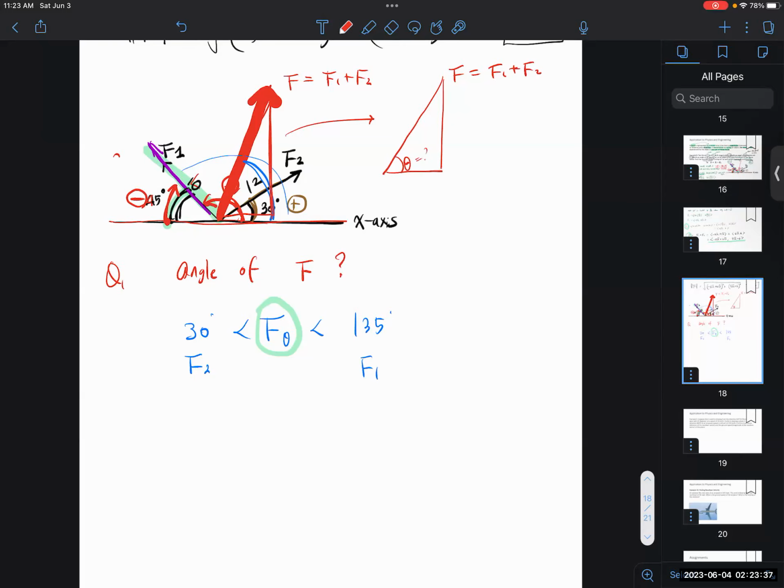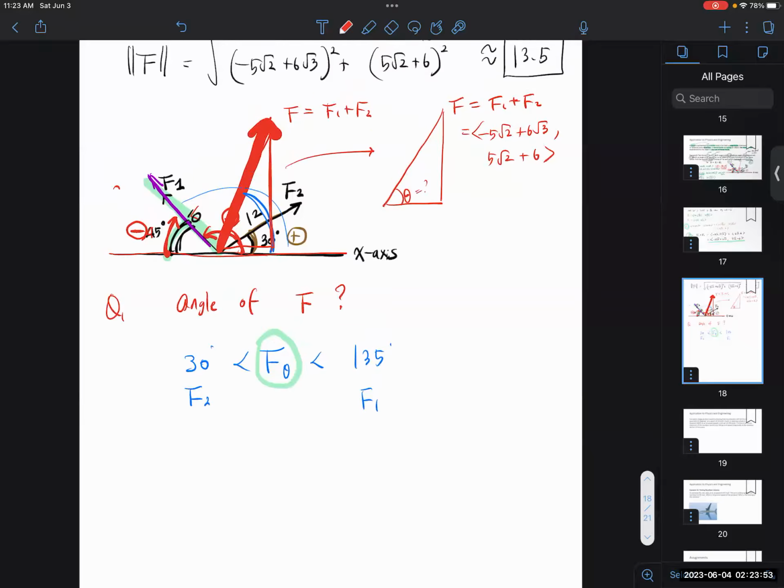We already know the F, which is negative 5 radical 2 plus 6 radical 3, comma, 5 radical 2 plus 6. This is the force location, which means the x unit is negative 5 radical 2 plus 6 radical 3, and the y is 5 radical 2 plus 6.